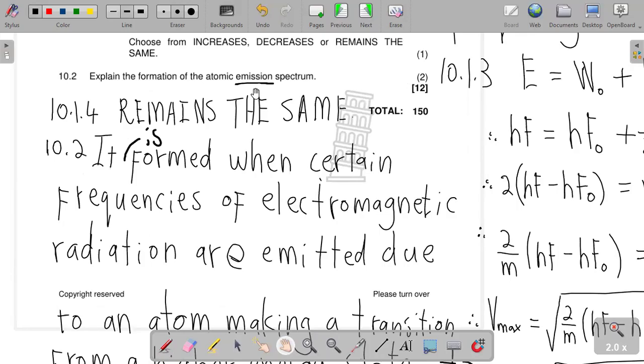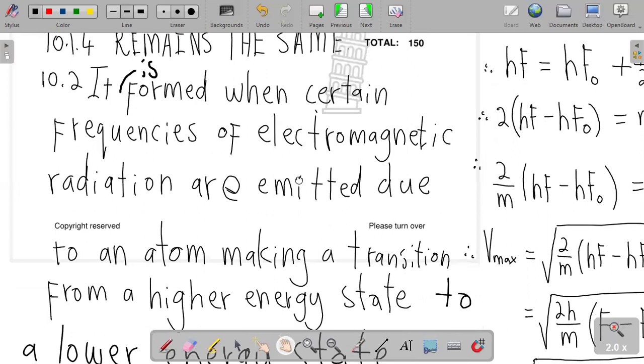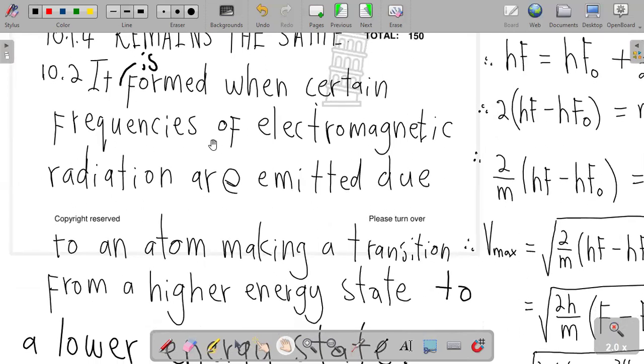Then everything else would remain the same. It's just the frequencies of electromagnetic radiation that are emitted or absorbed.